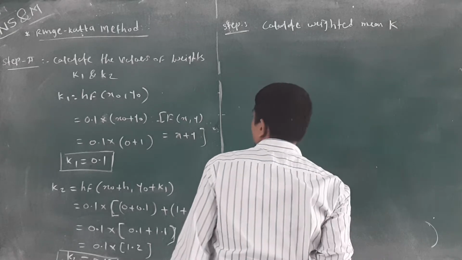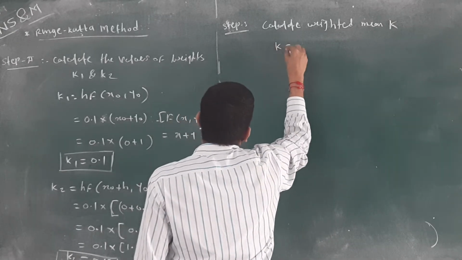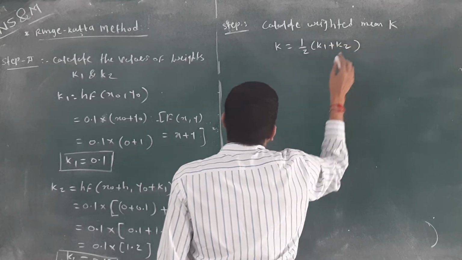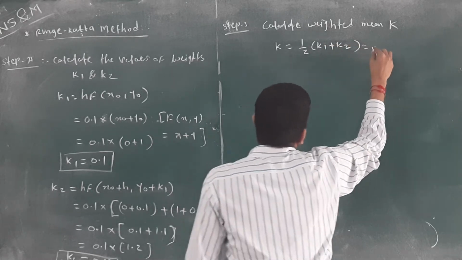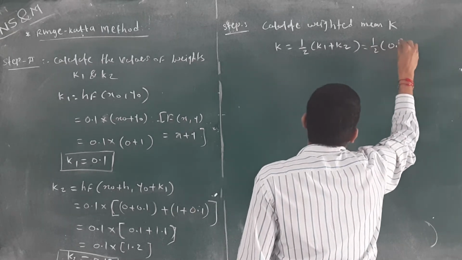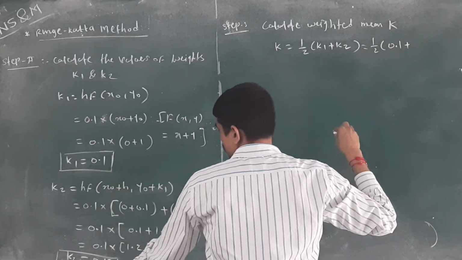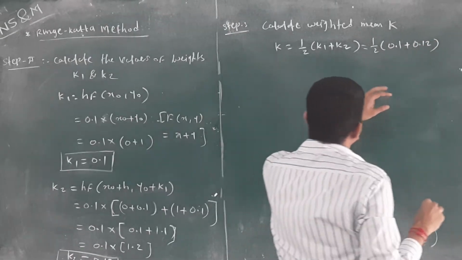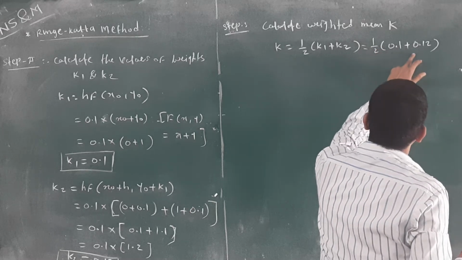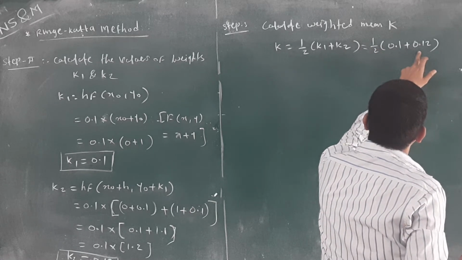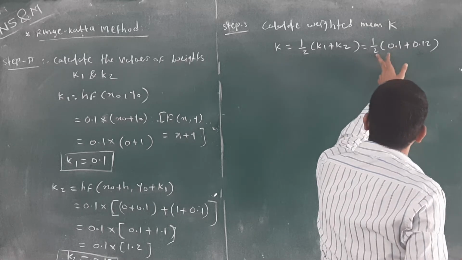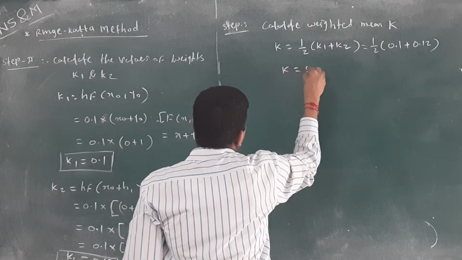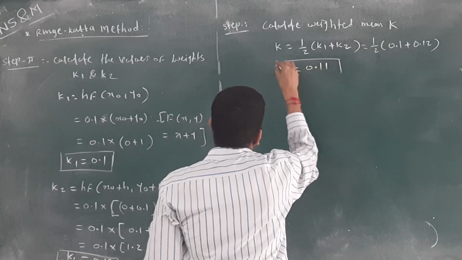It is denoted by K. K is equal to half into (K1 plus K2). I'll put the values of K1 and K2: 0.1 plus 0.12 means you will get 0.22, divided by 2, you will get 0.11, right? K is equal to 0.11.